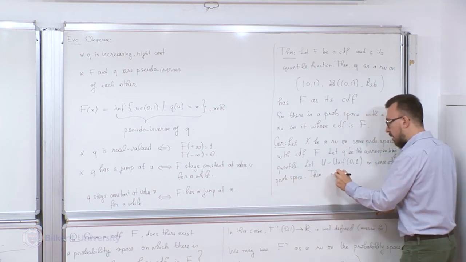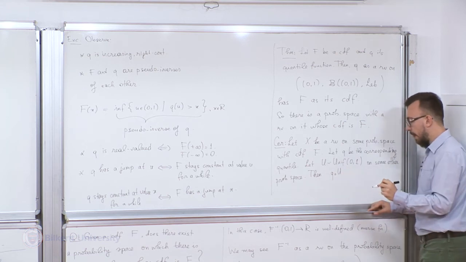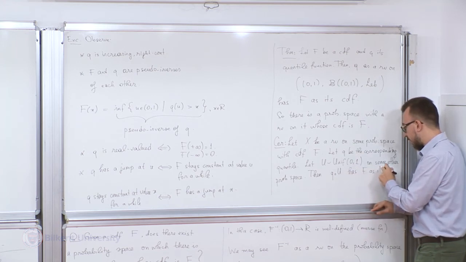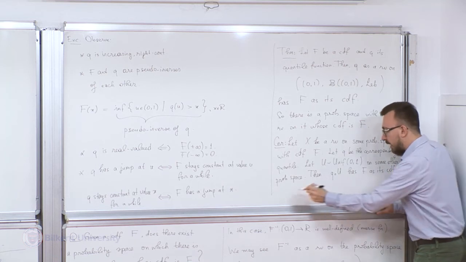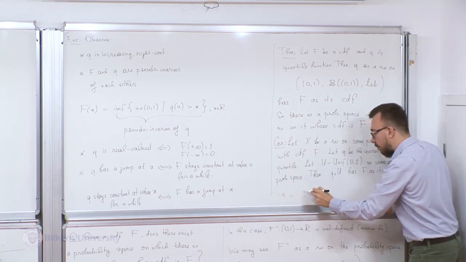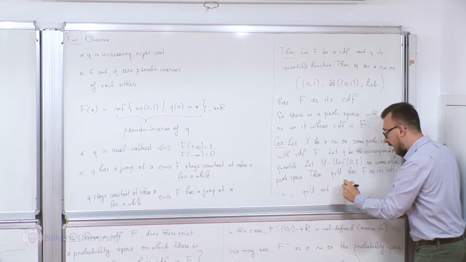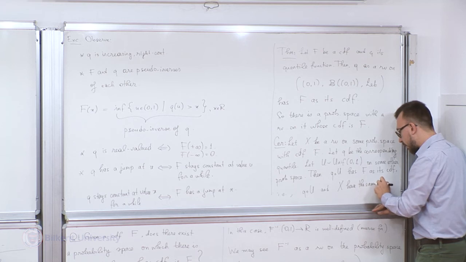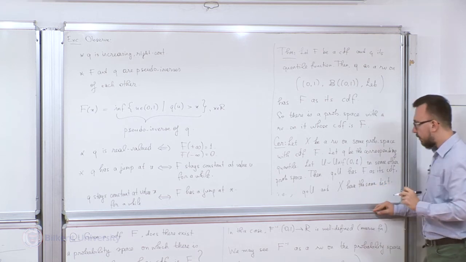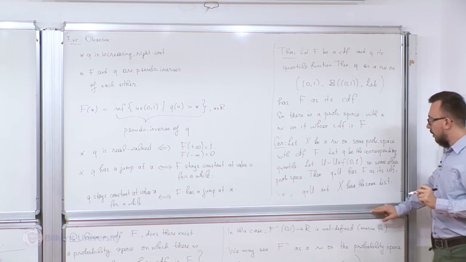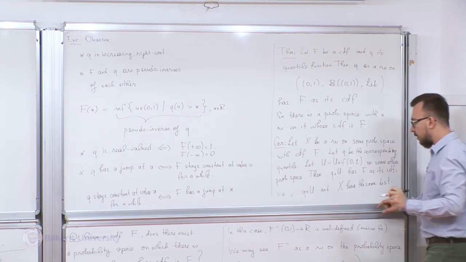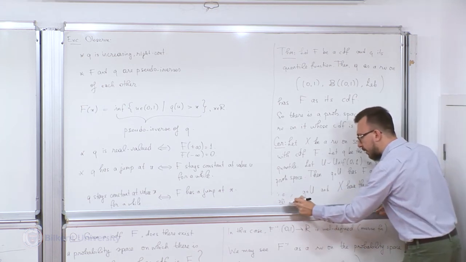Then Q applied to U has F as its CDF, meaning that Q of U and X have the same distribution. So this is left as an exercise, but we're going to prove the theorem.